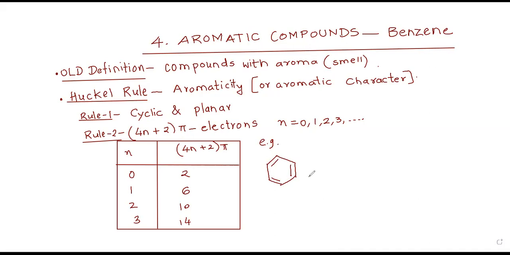So check whether the given compound is planar or not. Obviously, it is a ring structure. Now, what will be the number of pi electrons? For that, you check first of all how many pi bonds are present. What is a pi bond? Double bond is a pi bond. There are 3 pi bonds present. So how many pi electrons are present?